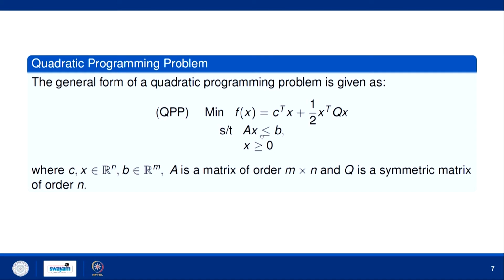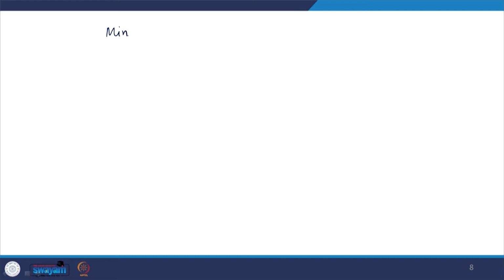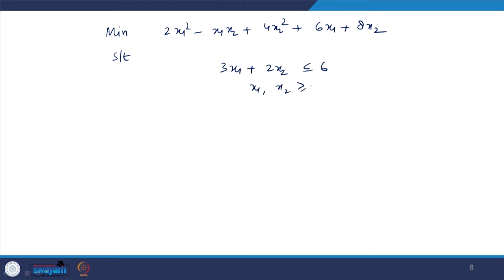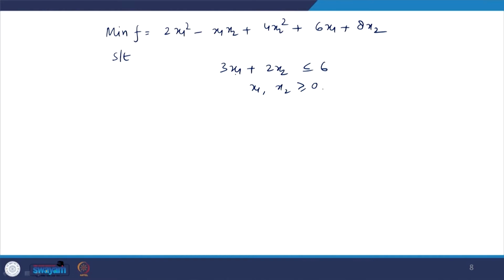Suppose you have this type of problem: minimize 2 x 1 square minus x 1 x 2 plus 4 x 2 square plus 6 x 1 plus 8 x 2, subject to 3 x 1 plus 2 x 2 less than or equal to 6, and x 1, x 2 non-negative. A simple problem I have taken to understand. It is a non-linear programming problem, basically a quadratic programming problem, because the objective function is quadratic and all constraints are linear.